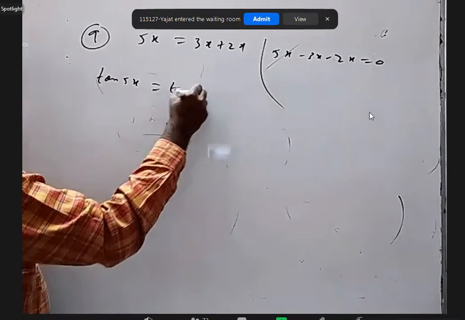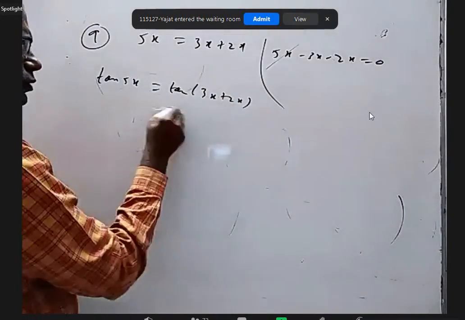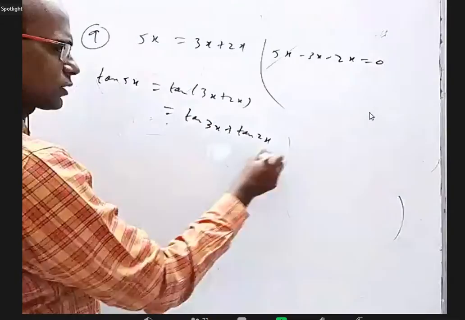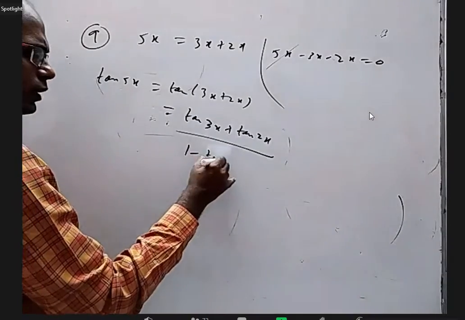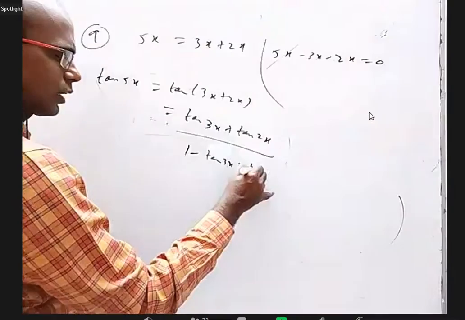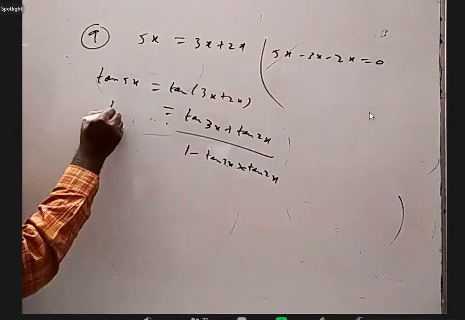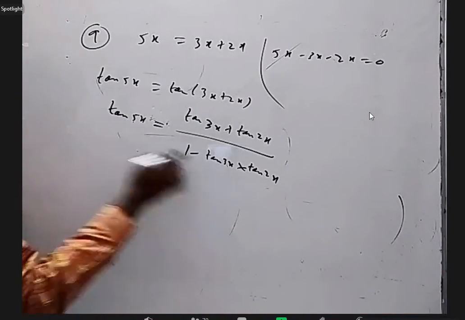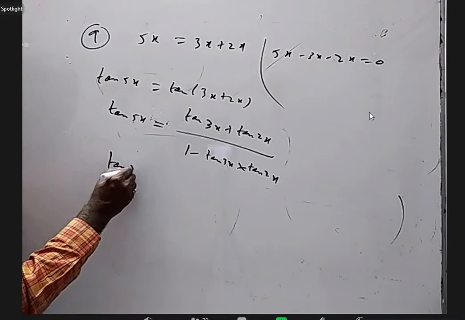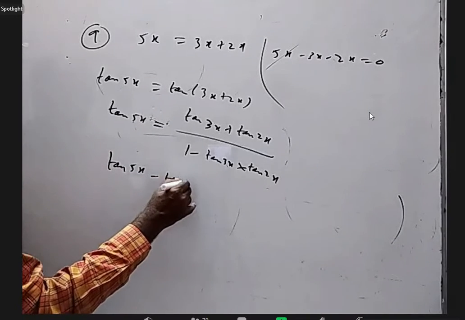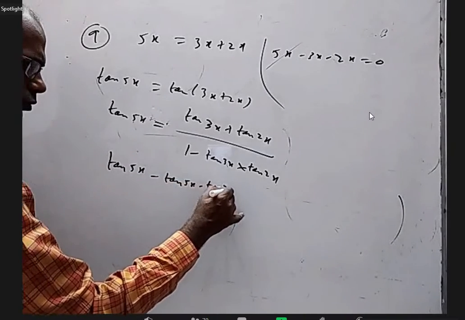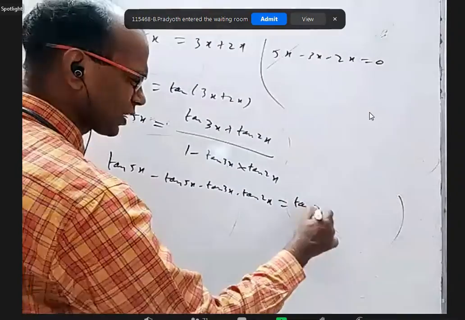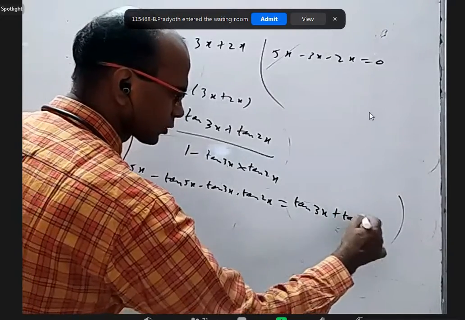tan 5x is tan of 3x plus 2x, which is tan 3x plus tan 2x, by the tan a plus b formula, by 1 minus tan 3x into tan 2x. If I do cross multiplication, I will get tan 5x minus tan 5x into tan 3x into tan 2x is equal to tan 3x plus tan 2x.